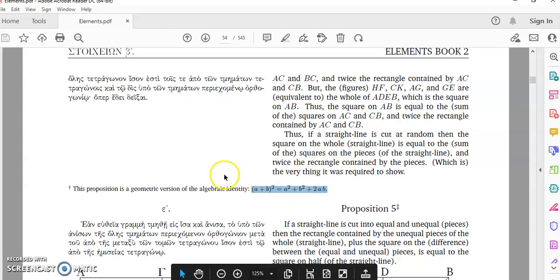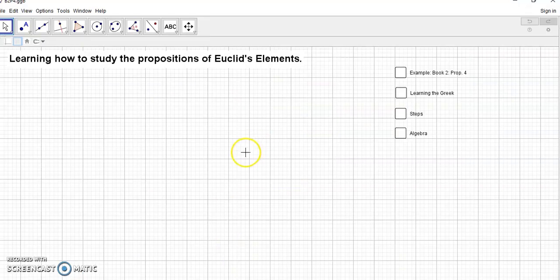Okay, so without further ado, let's see how you can learn how to study the propositions in Euclid's Elements. Before I start, some of you might want to know how to read and learn the original Greek.